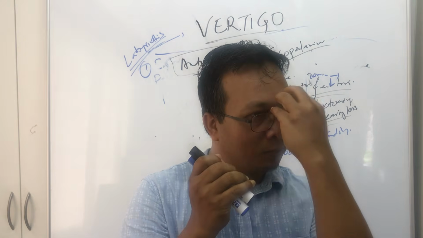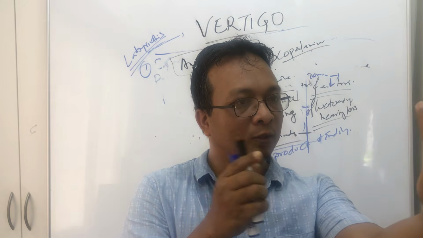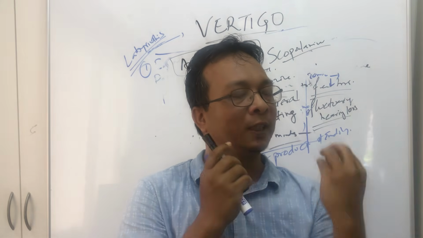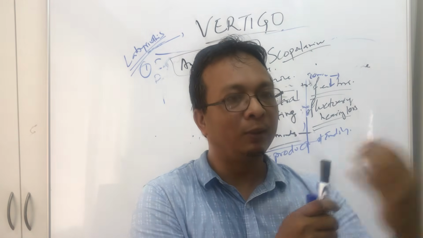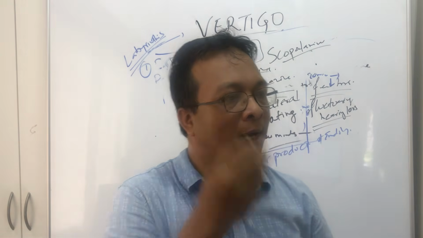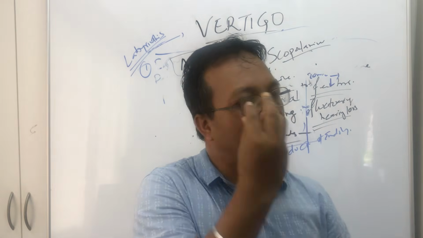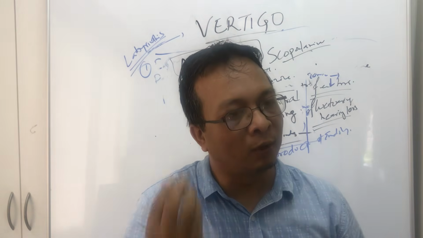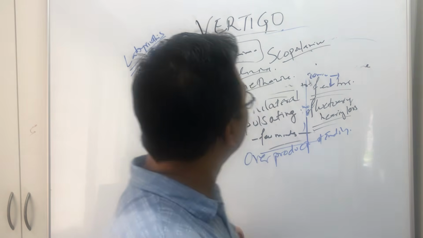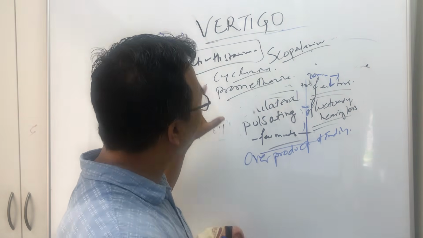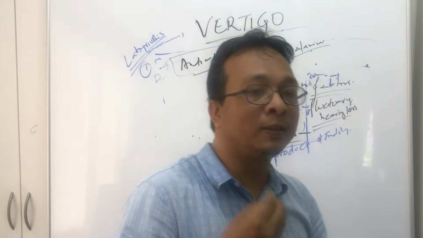Once you keep your eyes fixed on some point, after every rotation you are watching that point, and again another rotation you watch that point, you will never feel giddy, because your eyes are fixed. That's the simple logic behind it. So that is about vertigo. The treatment is basically antihistaminics and some behavioral things.